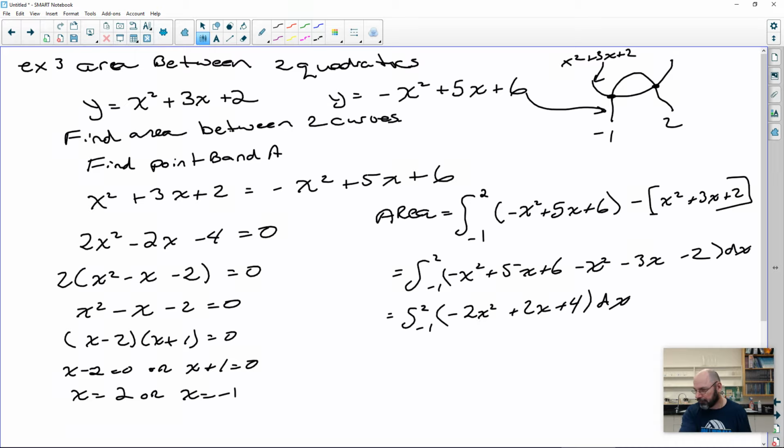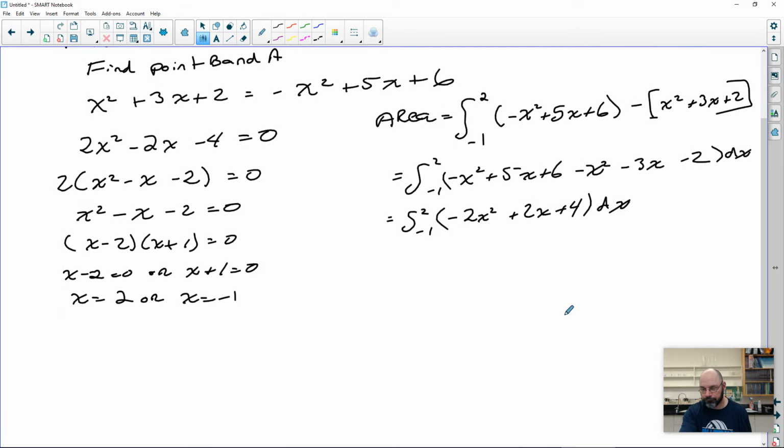Doing the integration is our next step. So we'll integrate this. This is negative 2x cubed over 3, plus 2x squared over 2, plus 4x over 1.